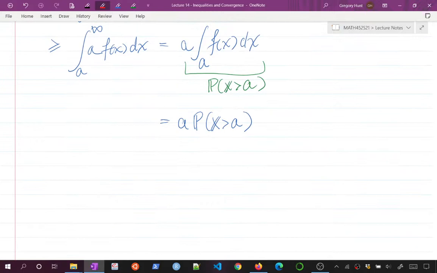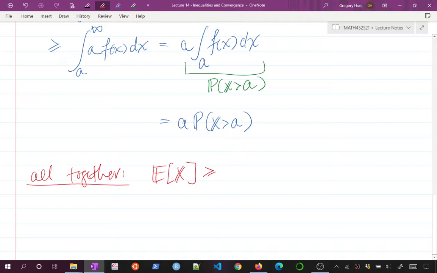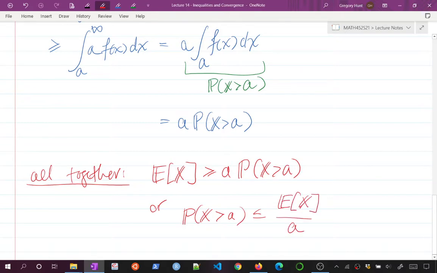So altogether, I get that the expected value of X is bigger than or equal to a times the probability X is bigger than a, or Markov's inequality, which is that the probability X is bigger than a is less than or equal to the expected value of X divided by a.